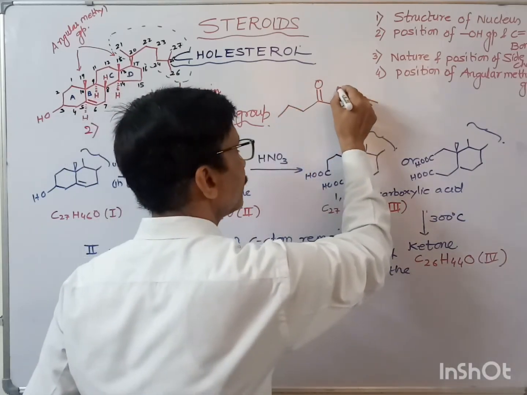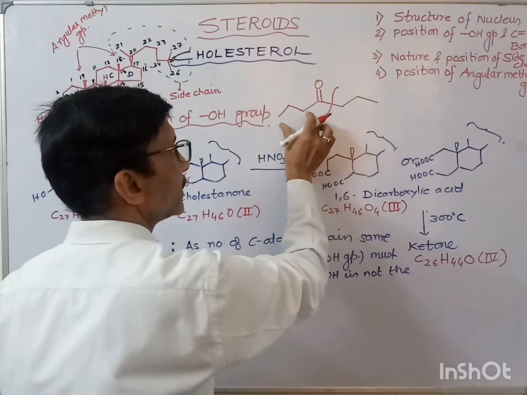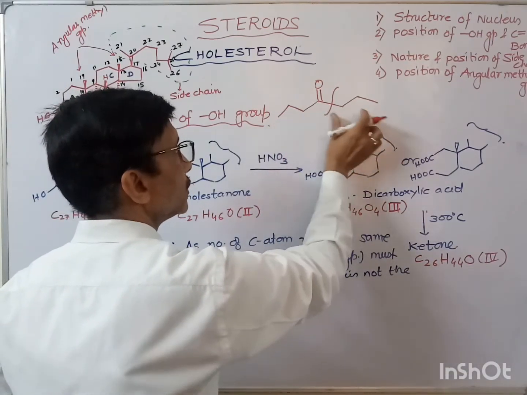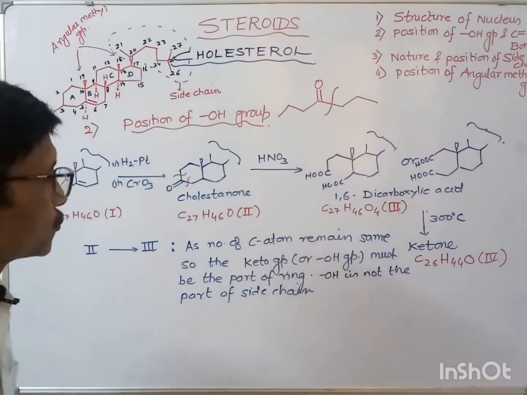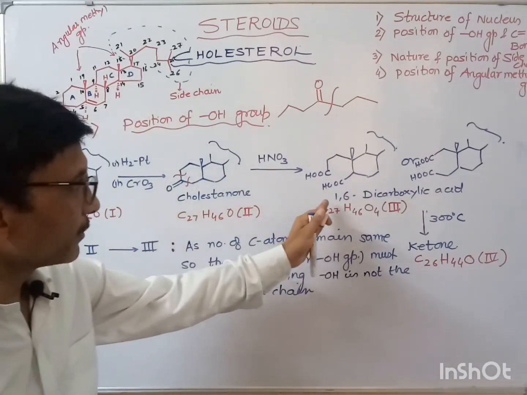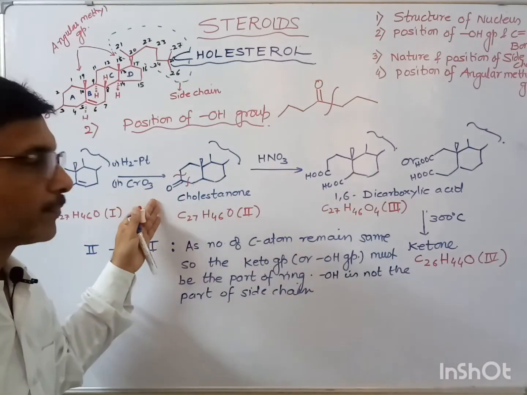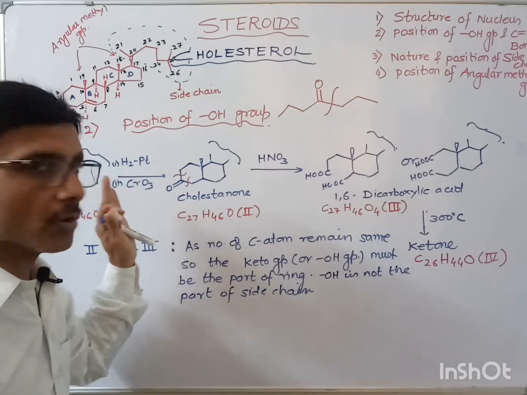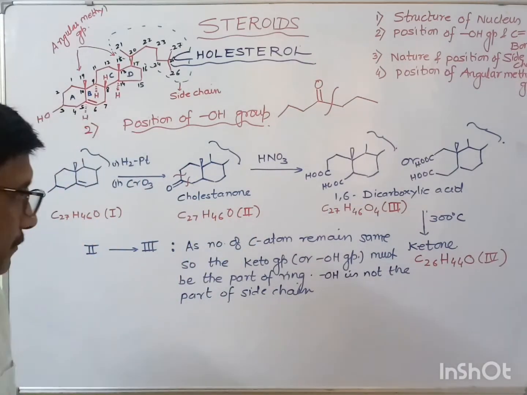If it breaks after this oxidation, we will get two products having different numbers of carbon atoms. As the carbon atoms remain the same, it must have the keto group on the ring. It is part of the ring. So this is one thing.